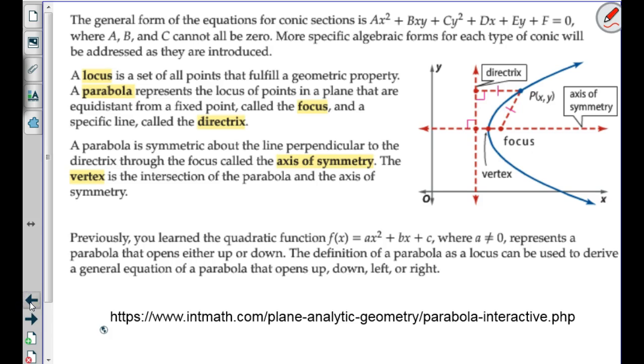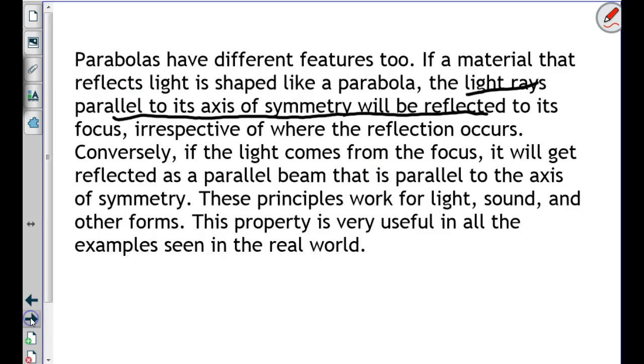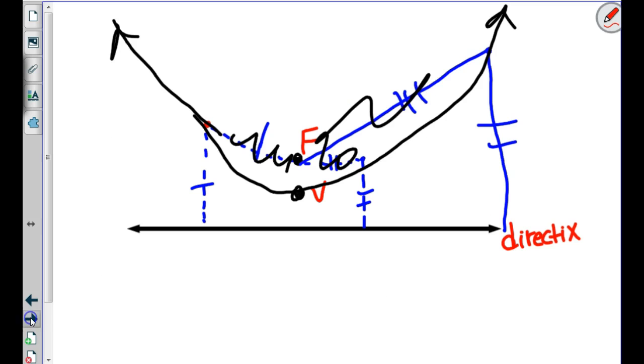And I need you to understand what P is. Let me see if I have a good place to draw this. Not really. P is the distance from the focus to the vertex. That's P. And the distance from the vertex to the directrix is going to also be exactly P then. Guys, I cannot stress enough that you need to understand what P is.